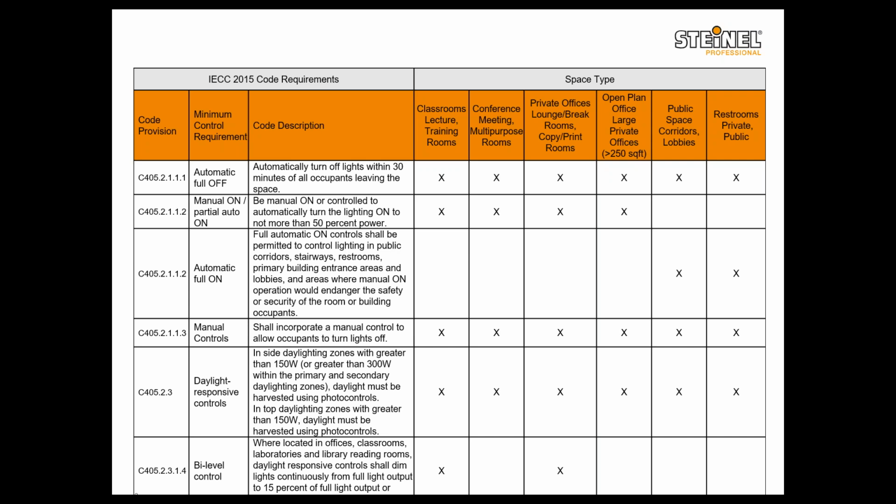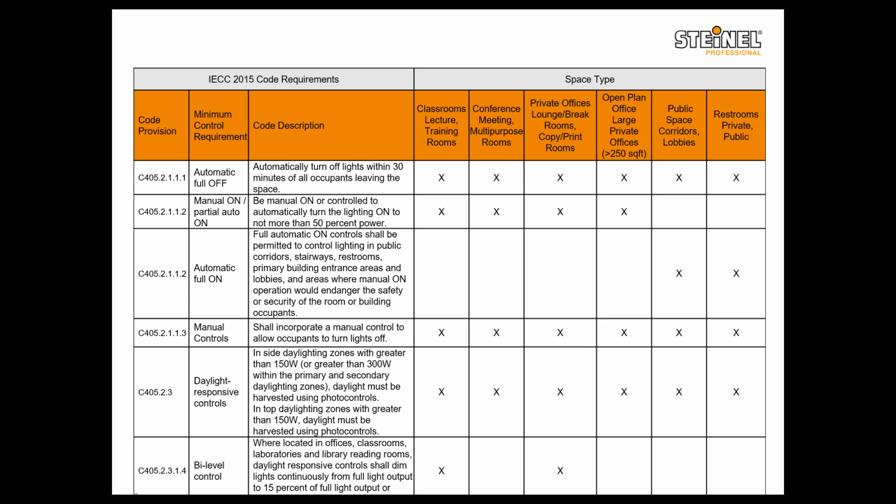So this applies to all kinds of space types. It's just that as we go ahead and look into it, we'll see that for some space types this doesn't really meet the requirements for daylight responsive controls.